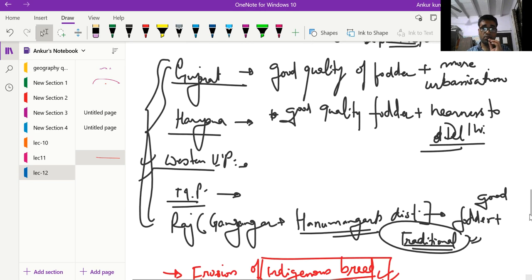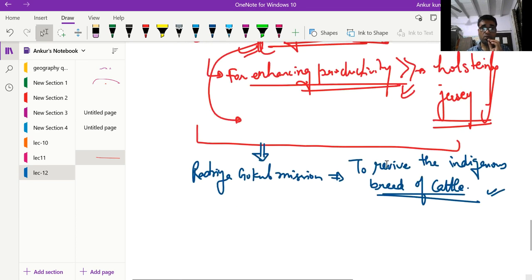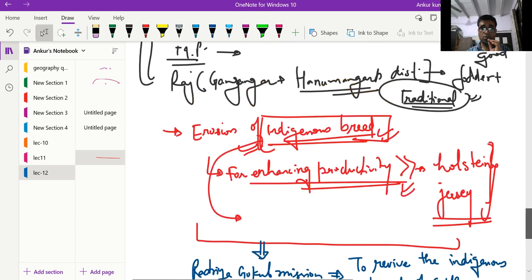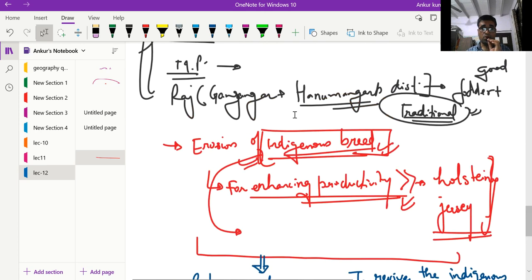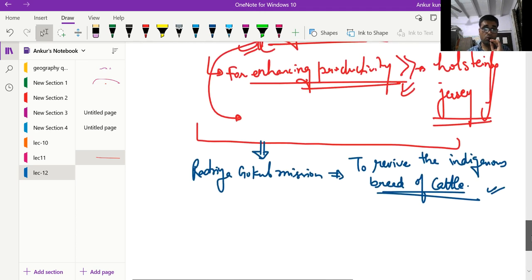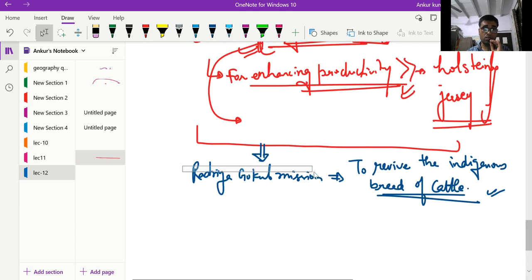And the final thing that we said was why this erosion of indigenous breed was a problem, and what the government is doing to revive the indigenous breeds, that is the Rashtriya Gokul Mission, right? So this is the white revolution, second productivity enhancement program, right?